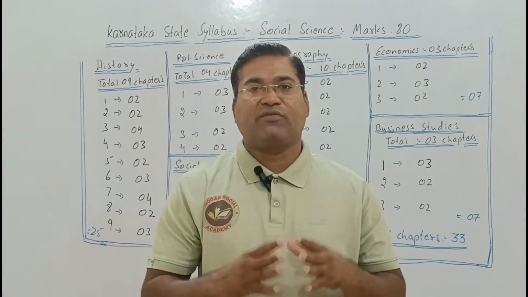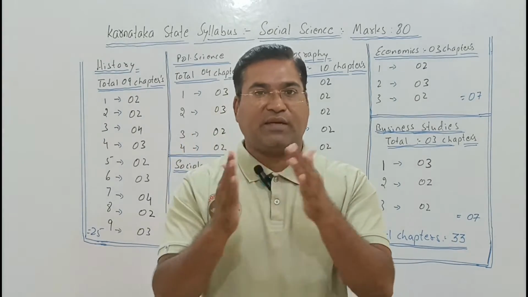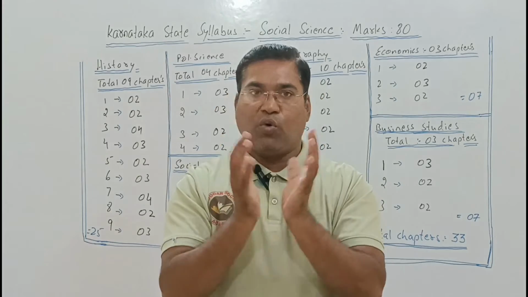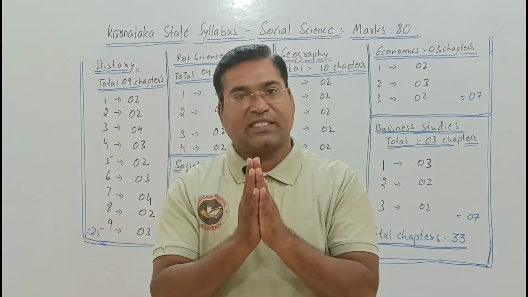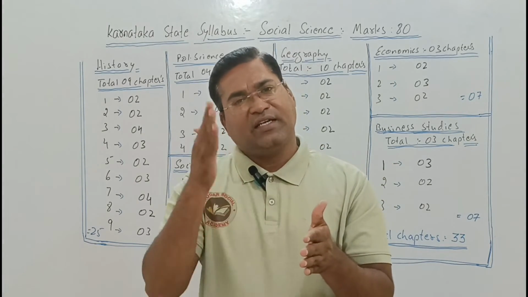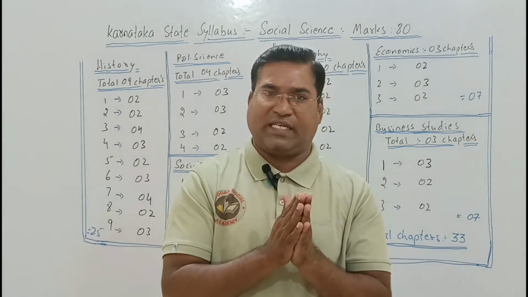The subject is divided into two parts, first sem and second sem. For you, I have brought the whole first sem as well as the second sem, and this will help you divide the first sem and the second sem.